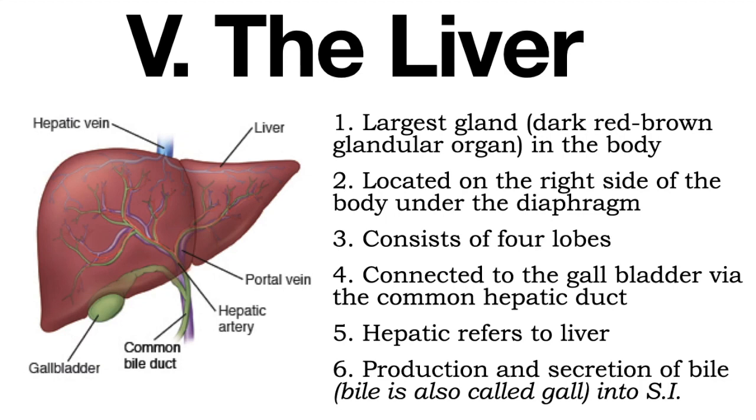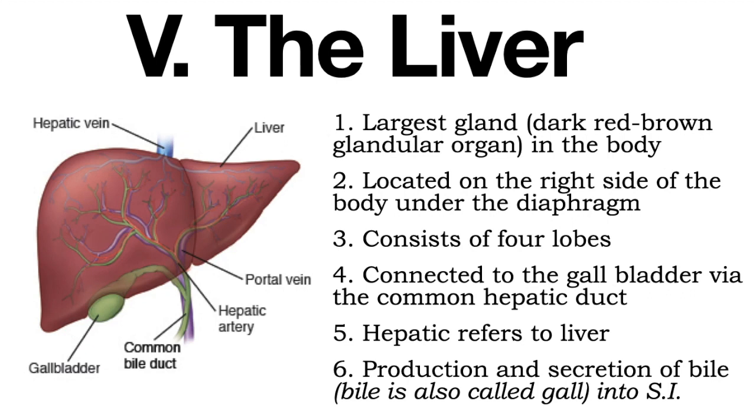Now, the liver is going to also filter a lot of fats. As you can see, you have the hepatic vein and the hepatic artery. So the artery brings the blood into the liver. The liver is then going to filter anything in the blood that is too fatty or any poisons like alcohol.